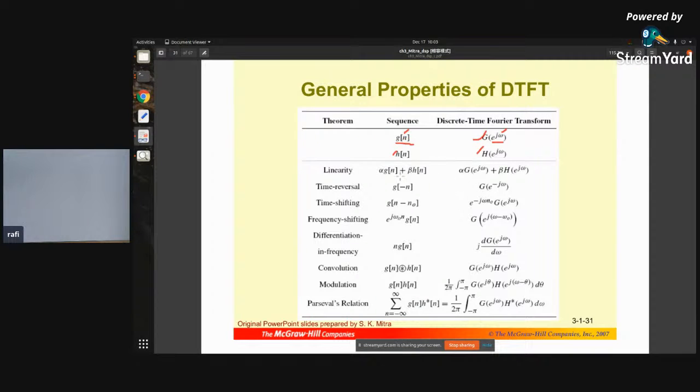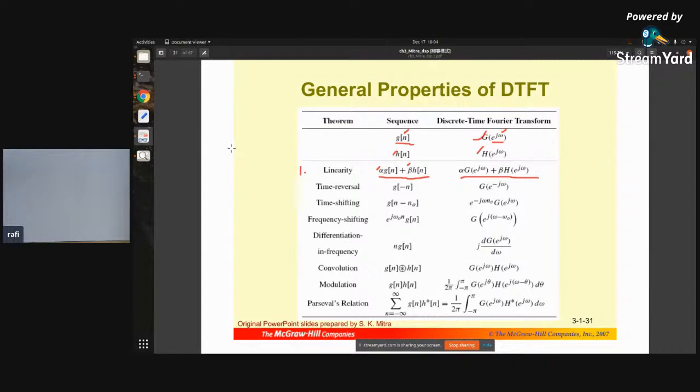The first property is the linearity property. When you combine these two signals linearly, meaning a weighted sum, their spectra also get a weighted summation. The spectra are also combined linearly.